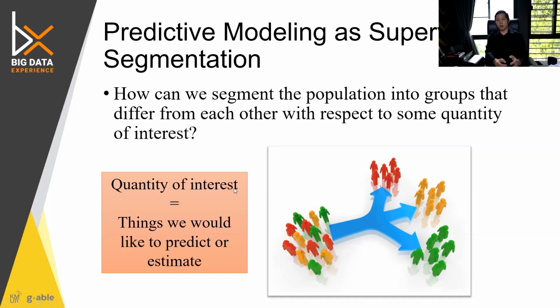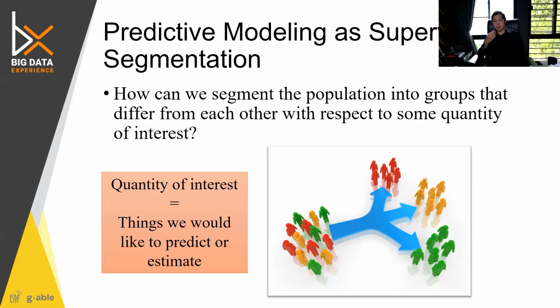For example, you might want to separate customers into customers who are likely to purchase and who are not likely to purchase. You might want to separate customers into those who have high value, who have been purchasing a lot of things, and low value.